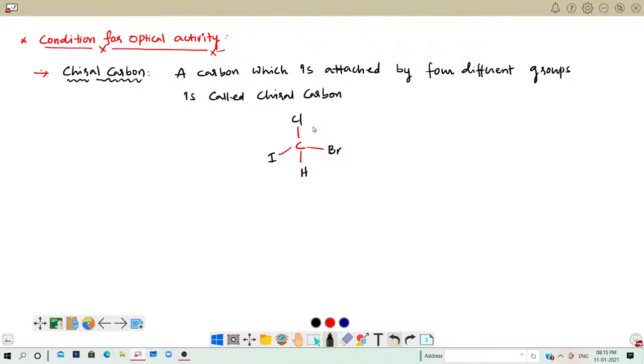Four different groups are there: chlorine, bromine, iodine, and hydrogen. So therefore, this is a chiral carbon. The molecule must contain a chiral carbon, that is denoted as C star, like this.